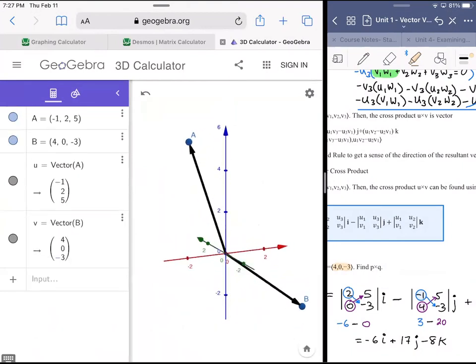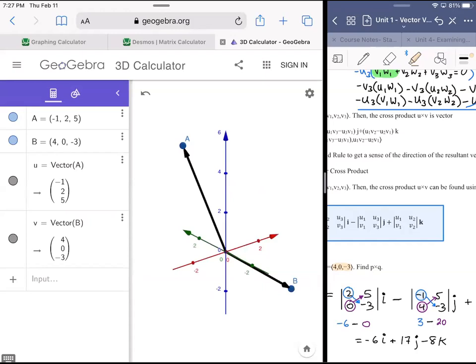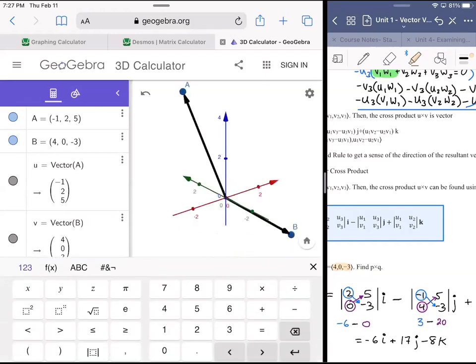You could put in your cross product. In this case, it would be -6, 17, -8 as your other point, and that would be fine.